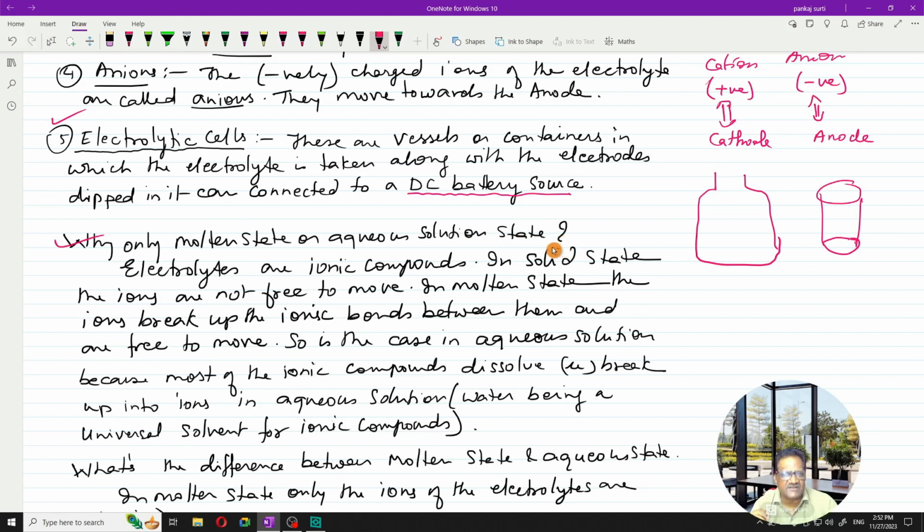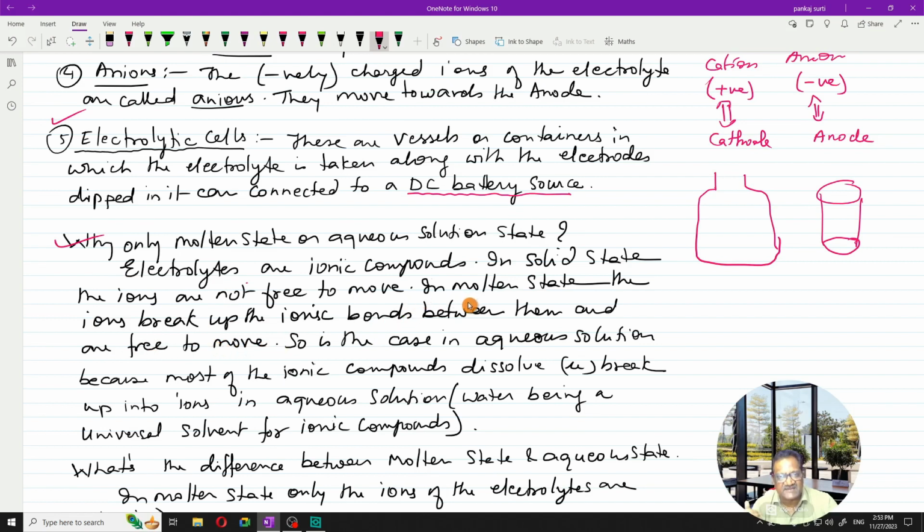Now why is this particular condition necessary? The reason is electrolytes are ionic compounds. In solid state, these ions are not free to move, right? In molten state, the ions break away from the ionic compound between them and are free to move.